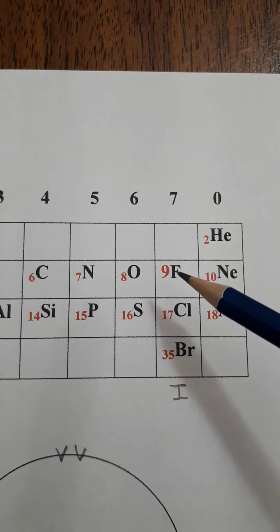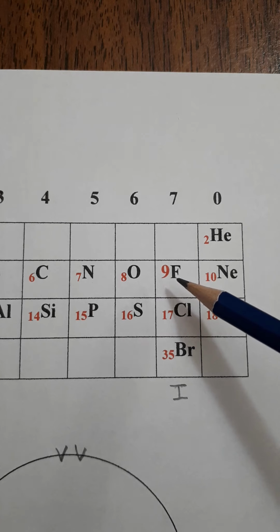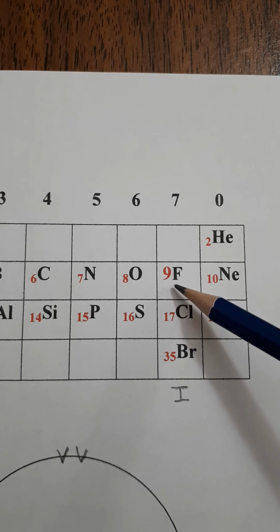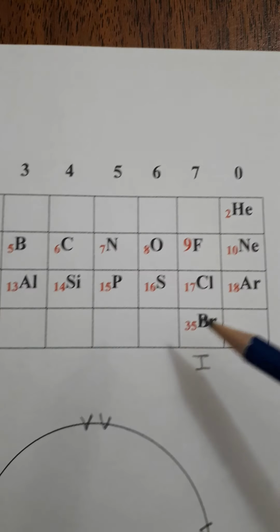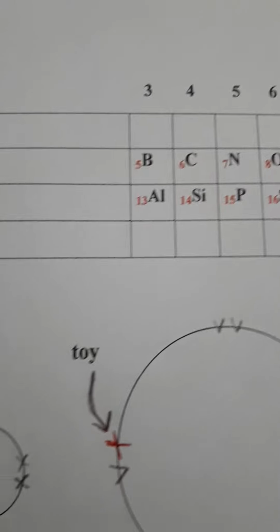Remember, this is the smallest one, this is the biggest one. So the smallest one, the positively charged nucleus, is very close to the incoming electron. Therefore, there will be a large attraction. So now I am going to show you that reaction in more detail.